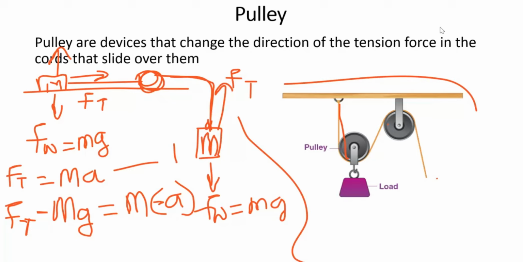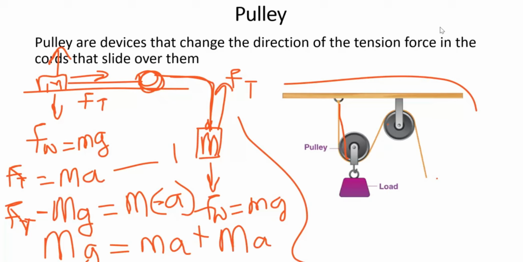Now if we substitute the value of this equation, this Ft can cross out this one. So this big Mg is equal to small ma plus big Ma, right?